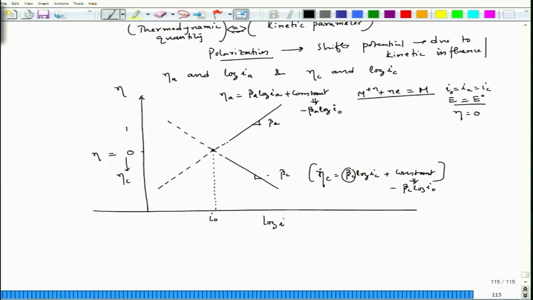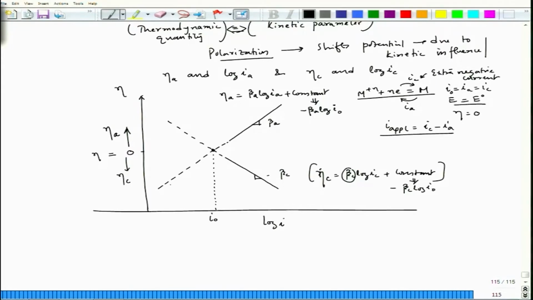So, this is eta C and this is anodic polarization eta A. Now, let us see that if we send a preferential current, that means this is IC, this is IA, and when I send extra negative current, then I would get I applied equal to IC minus IA, that is the difference.